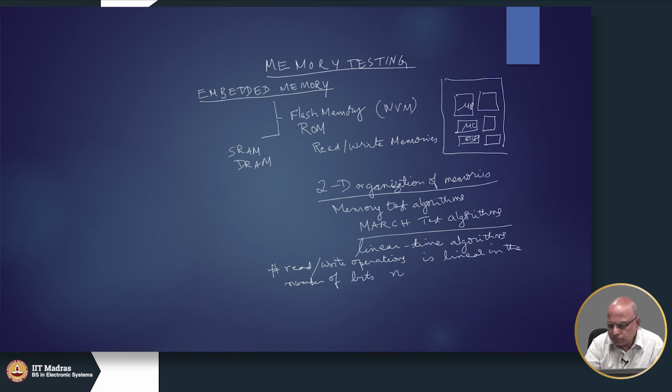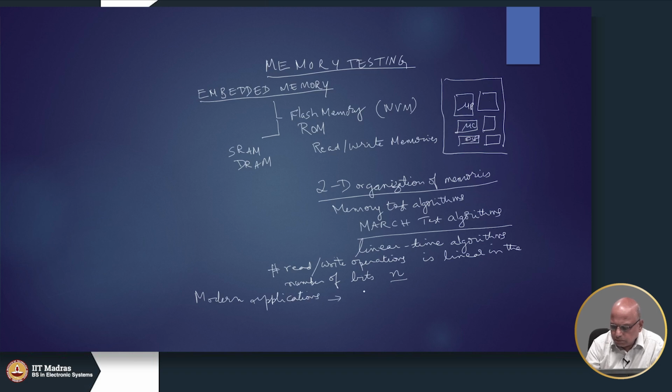So, that is the advantage of these memory test algorithms, but as I mentioned to you, the number of bits n is now very large. So, even the linear time algorithms do take quite a bit of time. To make matters worse, there are many modern applications that call for a huge amount of memory.